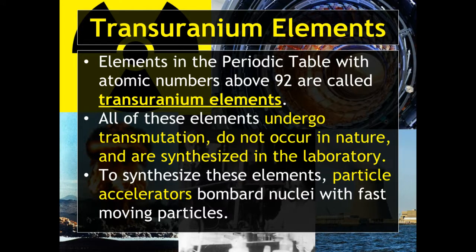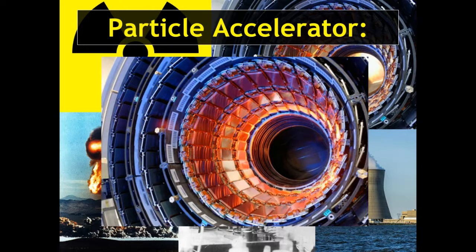To synthesize these elements, particle accelerators are used to bombard the nucleus with really fast-moving particles. Now imagine trying to shoot a bullet into a nucleus. A nucleus is tiny, tiny, tiny. It's not easily done.